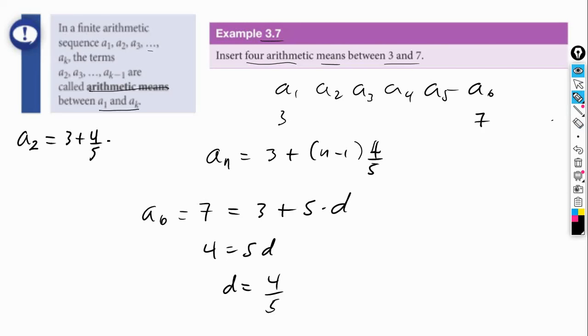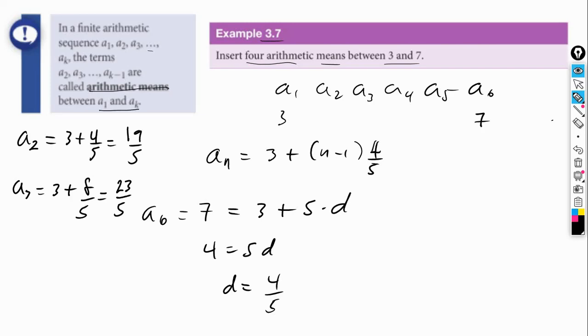And that's going to be 15 plus 4, 19/5. The third term is going to be 3 plus 2 times 4/5, so 8/5, and that is equal to 15 plus 8, 23/5.